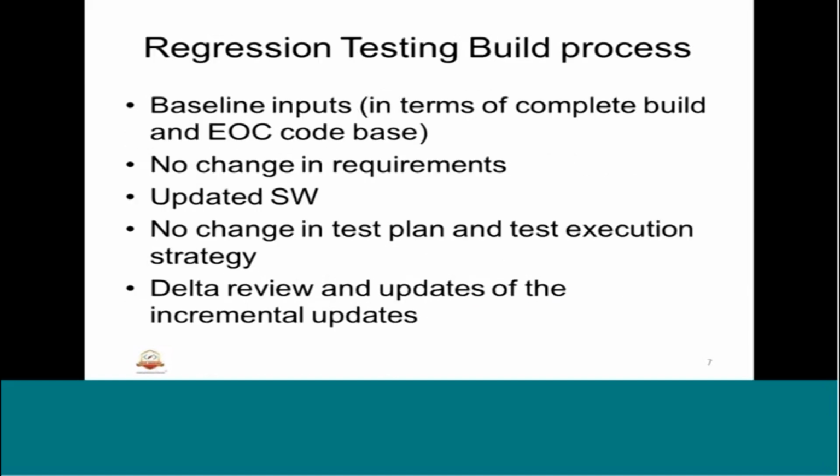The next one is the regression testing build process. How are we going to have the build process done for the regression testing? You know what a build is? Build is basically compilation, linking, and development of the software. Similarly, we have the build process for the test equipment also, or the test scenarios or test scripts.